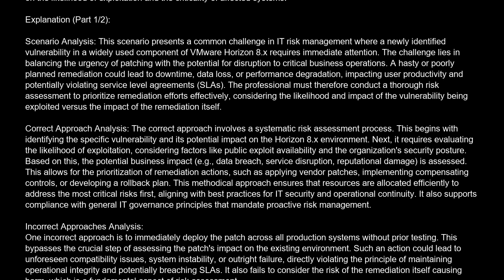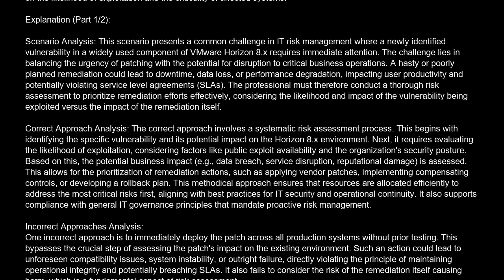Explanation. Scenario analysis. This scenario presents a common challenge in IT risk management: a newly identified vulnerability in a widely used component of VMware Horizon 8 X requires immediate attention. The challenge lies in balancing the urgency of patching with the potential for disruption to critical business operations.